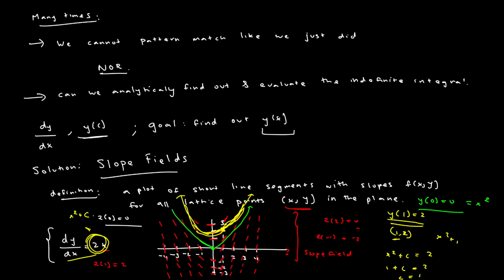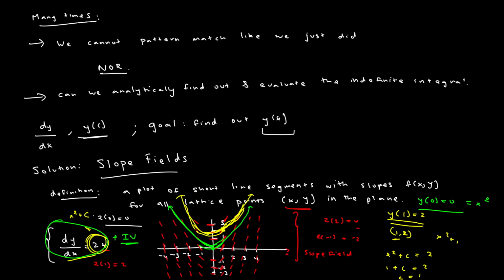And this confirms the whole idea of us needing not only the derivative but also an initial value. So IV, the initial value, plus the derivative gets us a unique graph.